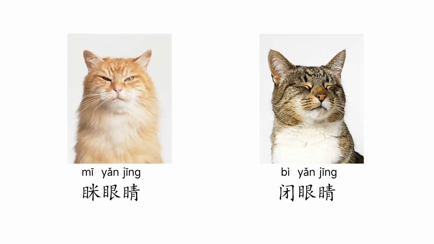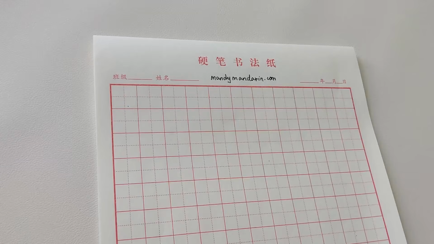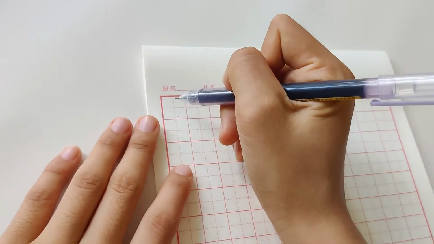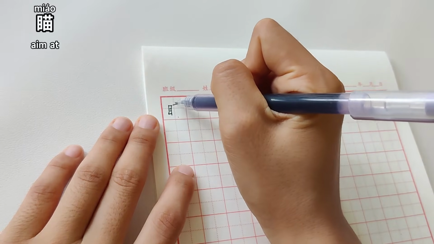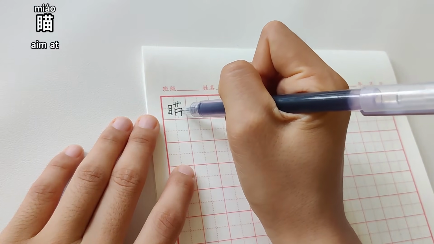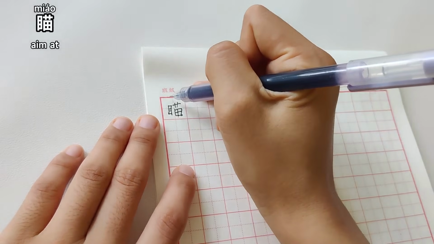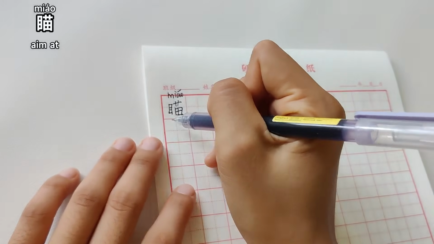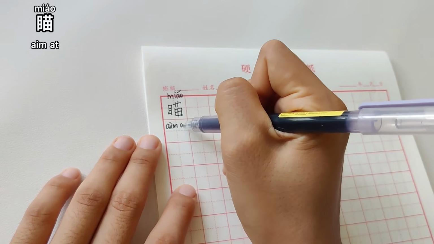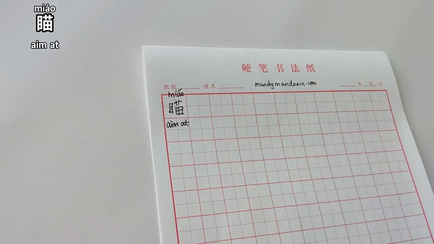So we can say 闭眼睛, which means close eyes. Okay, now let's continue. The next example, we have an eyes radical, and then this. This is 瞄.